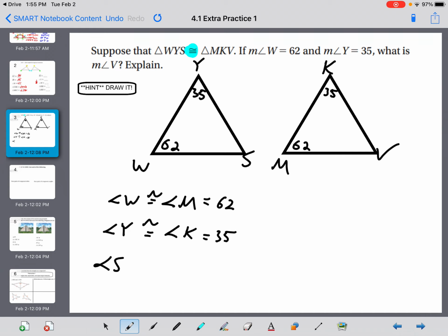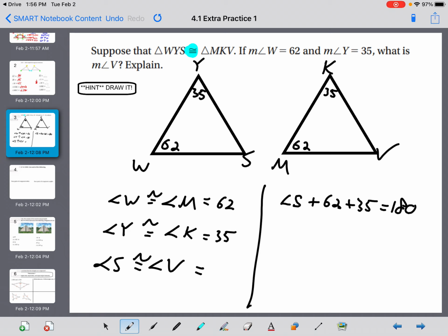We also know angle S is congruent to angle V, but we don't know what the measure is yet. Well, yesterday we said that all triangles add up to 180, right? So we have angle S plus 62 plus 35 equals 180. Angle S plus 62 and 35 makes 97, which equals 180.